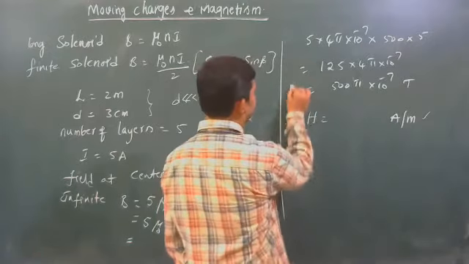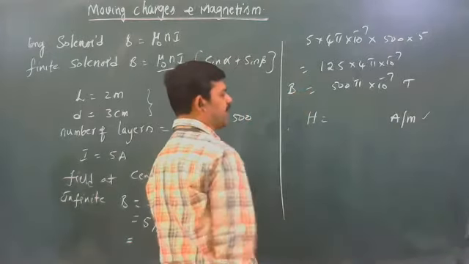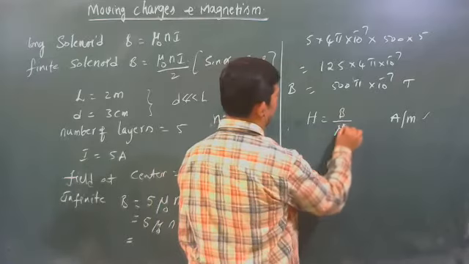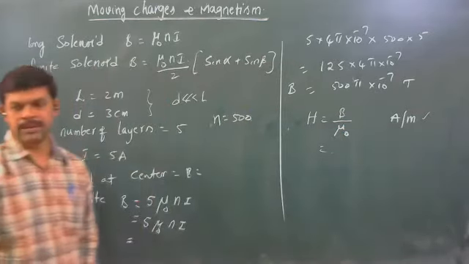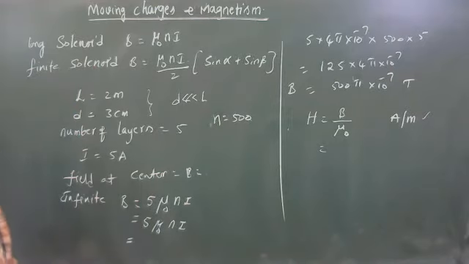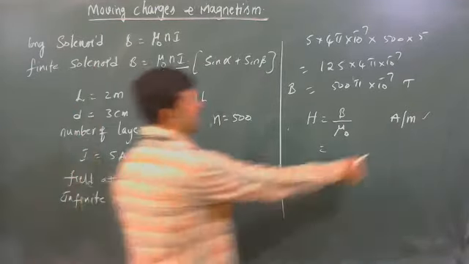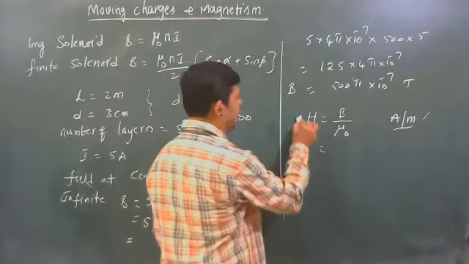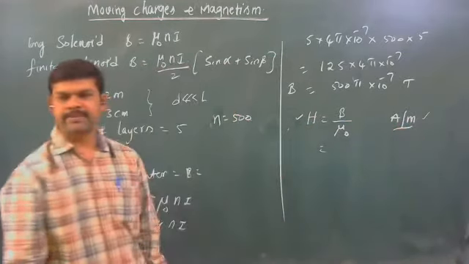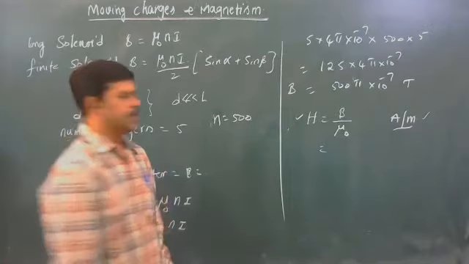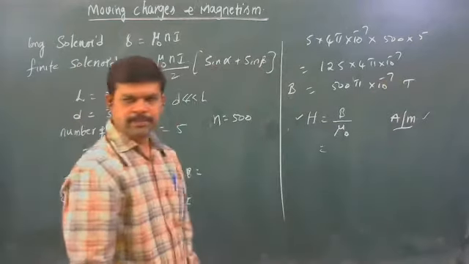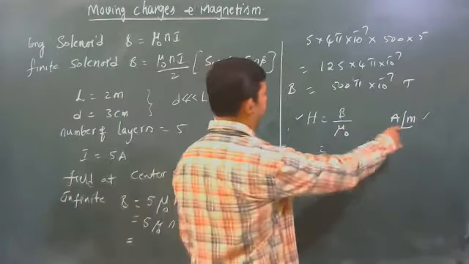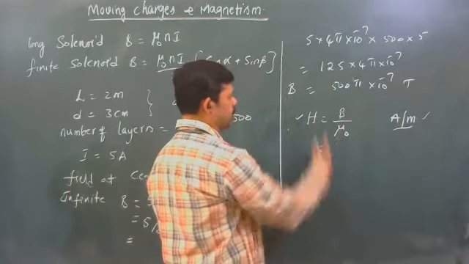See, what is this? H, this B. You are asking H. If they ask the answer in ampere per meter, means they are asking H. If the answer is given in Tesla, they are asking B. They ask the answer in ampere per meter, H is equal to B by mu naught.